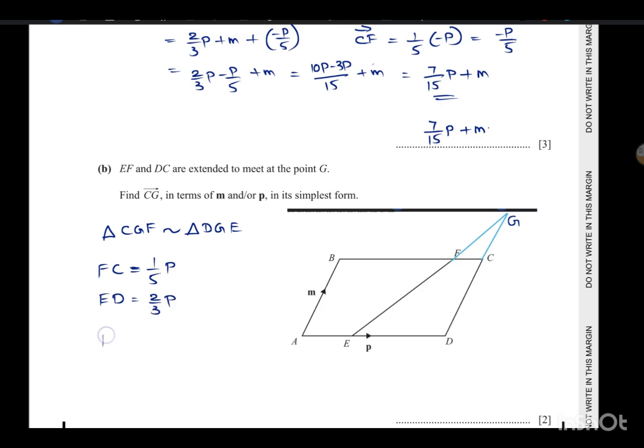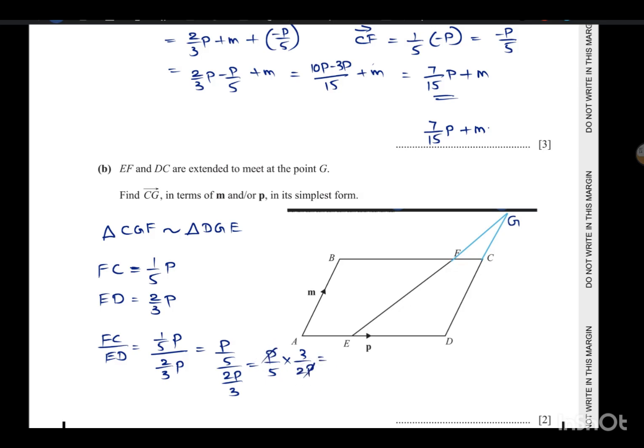So when you take the ratio of FC and ED, you get 1 by 5 P over 2 by 3 P, which is P by 5 into 3 by 2P.